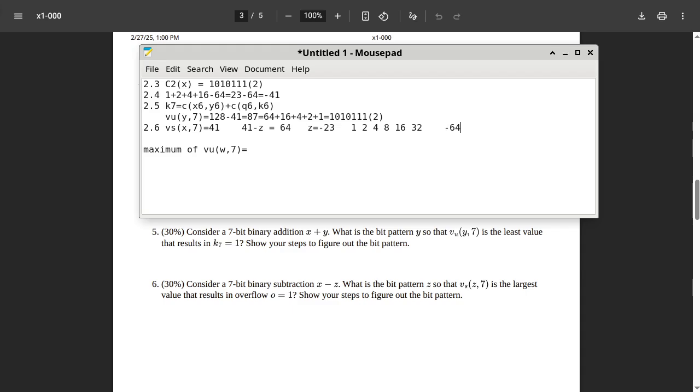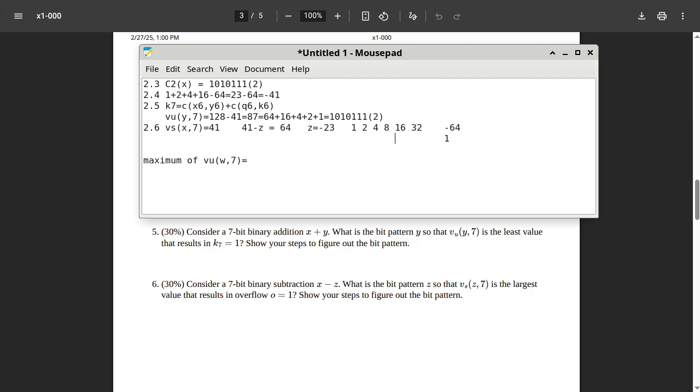Each one of these is either a 1 or 0. The only way to end up with a negative value is to have one of these. So now that we know we start with negative 64, what do we need to add to it in order to end up with negative 23? So that looks like we just have to add 41 to it.